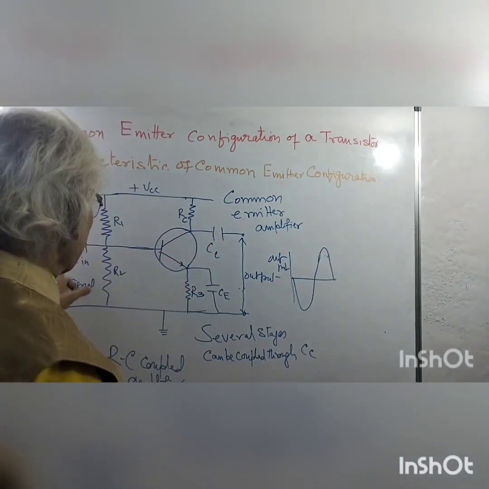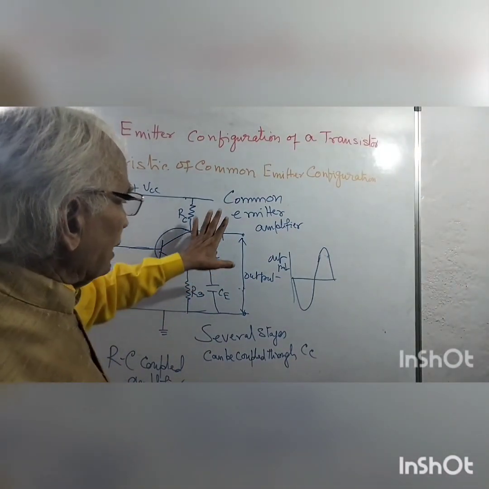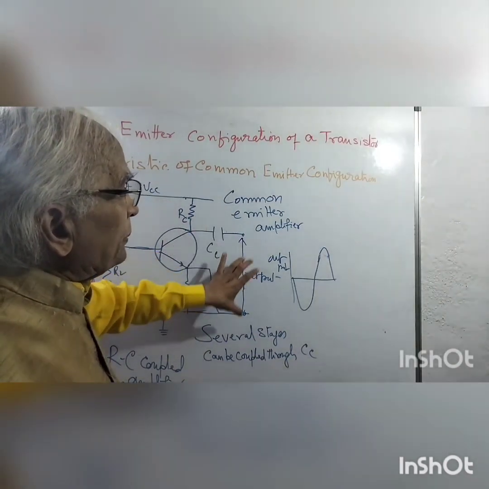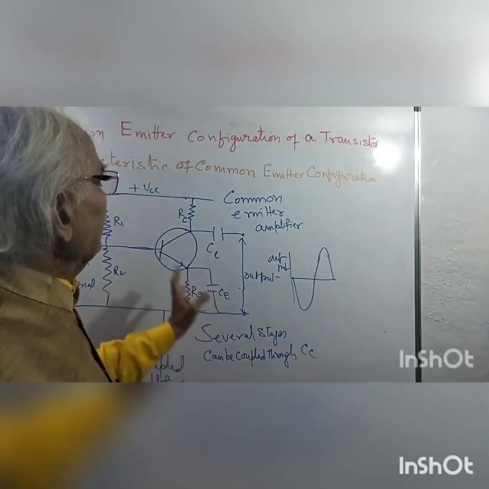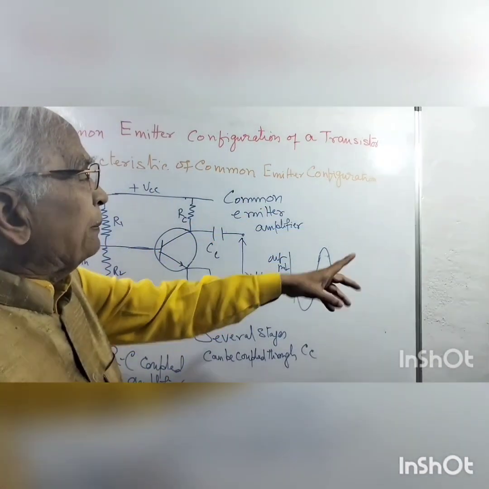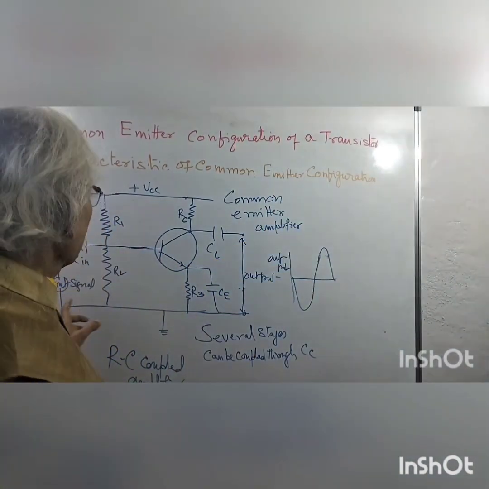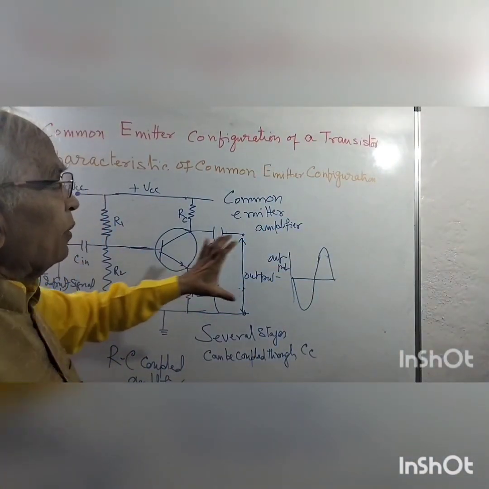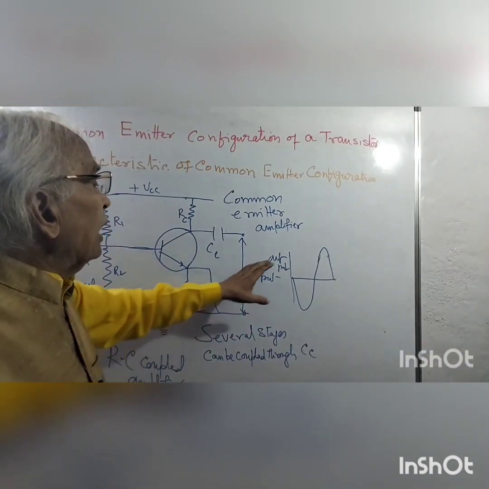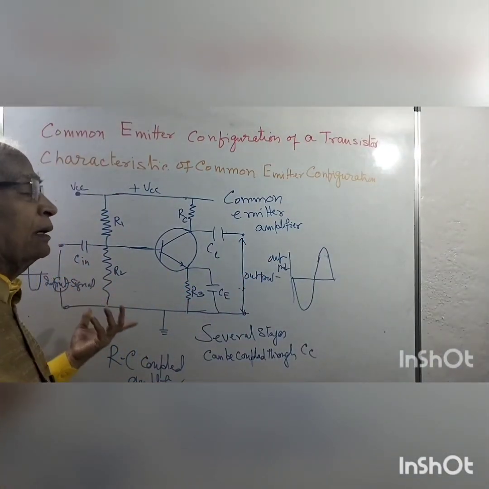This capacitor is just like this capacitor, input capacitor. This acts as the input capacitor for the second stage, and then again another capacitor, the output like this, that is for third stage. So this amplifies signal, and whatever the ratio of output upon input is the gain.